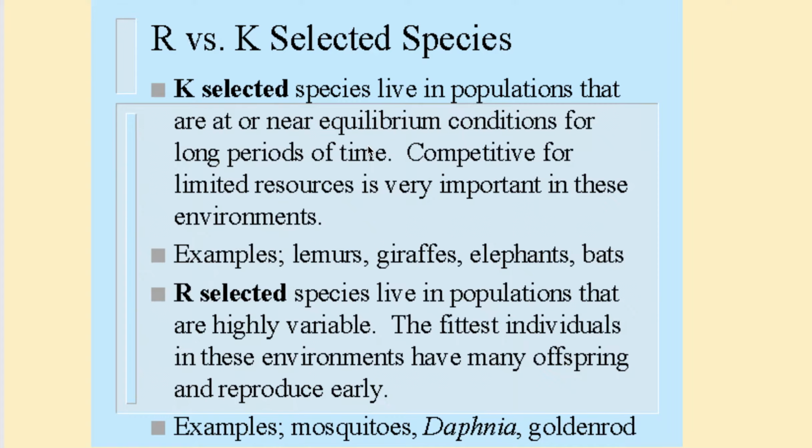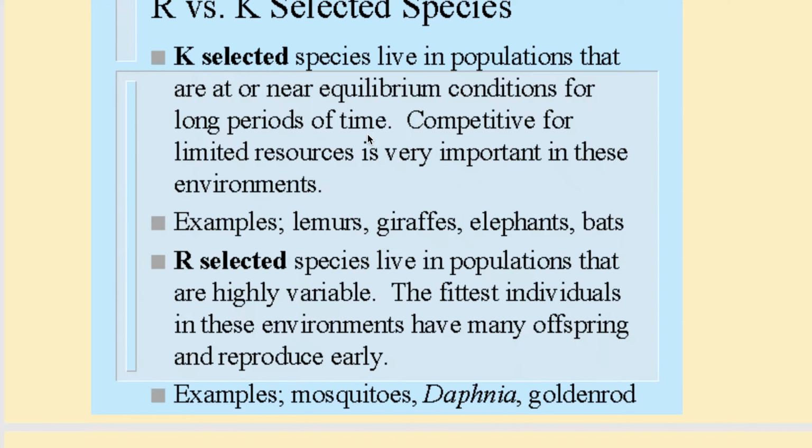So anytime you're talking about r selected and K selected, I want you to remember reproduction. This has to do with the biotic potential of the organism. K selected are not highly potential in terms of reproduction. They don't have a lot of babies, but they do invest in those offspring. They put in a lot of time and energy in nurturing the offspring.